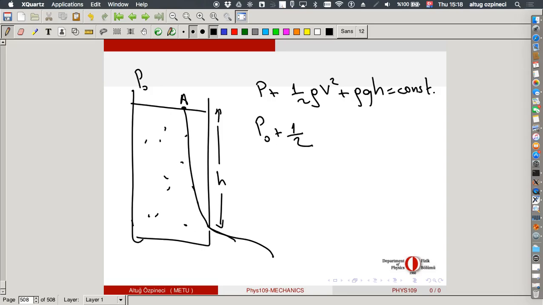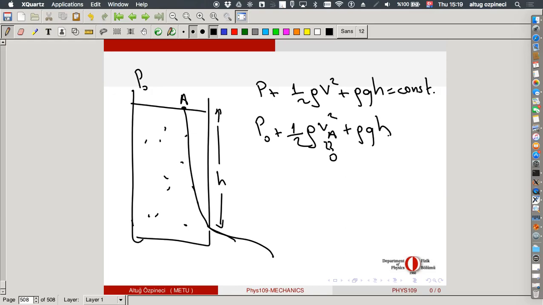plus 1/2 the density, we are looking at incompressible fluids, rho. Well, the speed, you can say that this is a very small hole. It's very narrow. The area at the top can be quite large, so it's not moving. It's practically at rest. So the speed at A is 0. VA squared is approximately 0, plus rho g h.